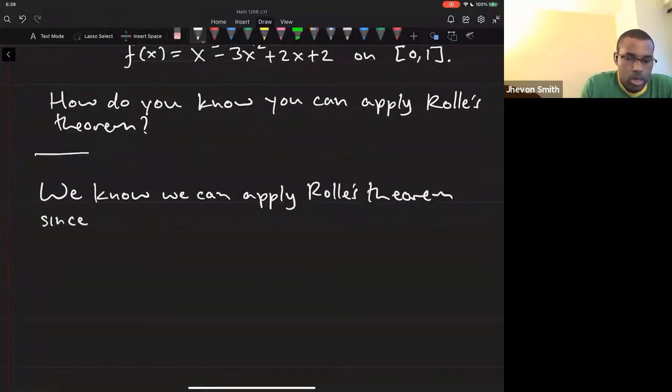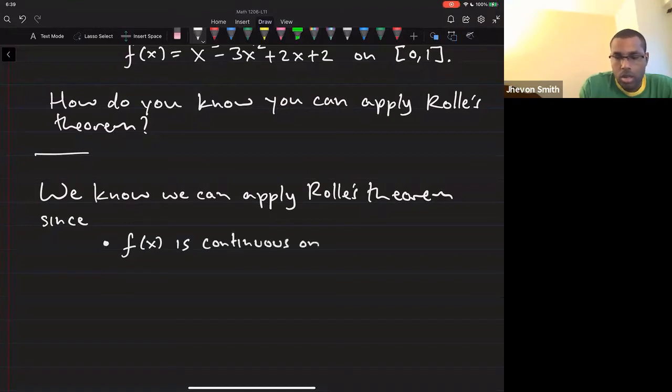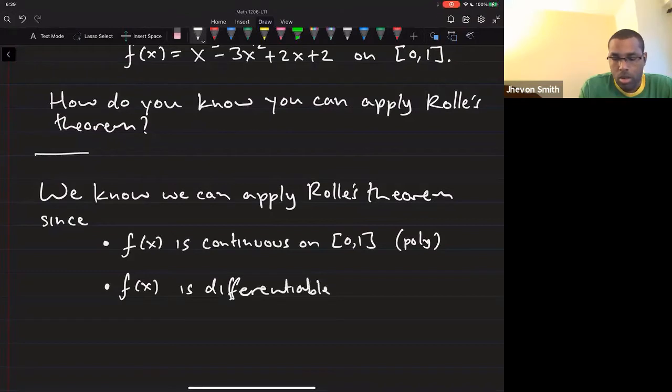since f of x is, for one, continuous on 0, 1, because it's a polynomial. Also, we know that f of x is differentiable on the open interval 0, 1, again, because it's a polynomial.